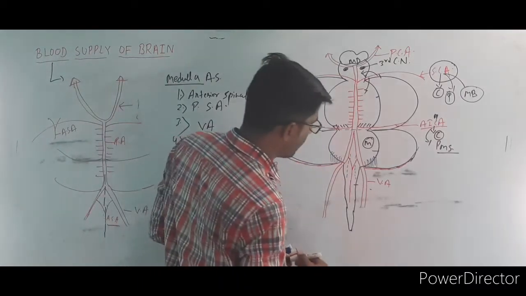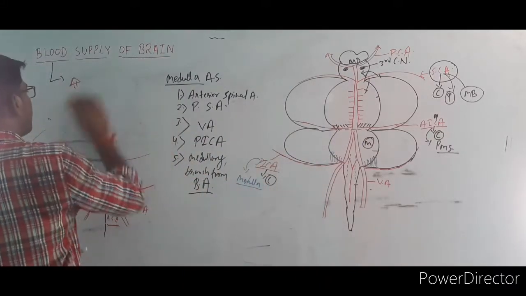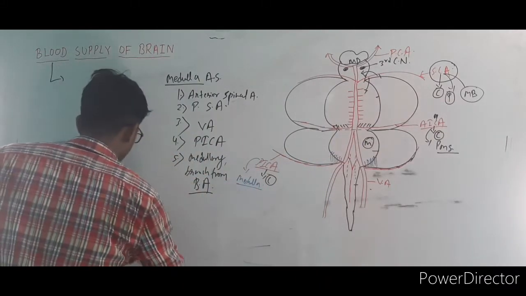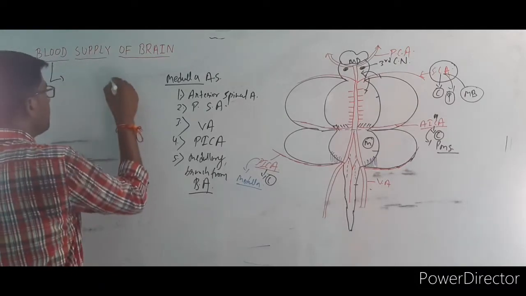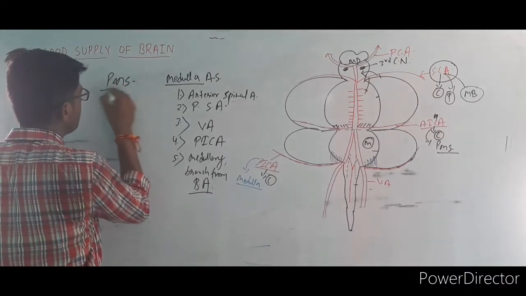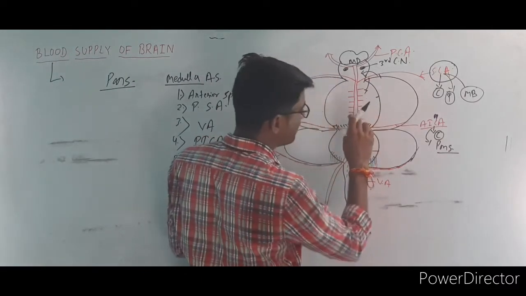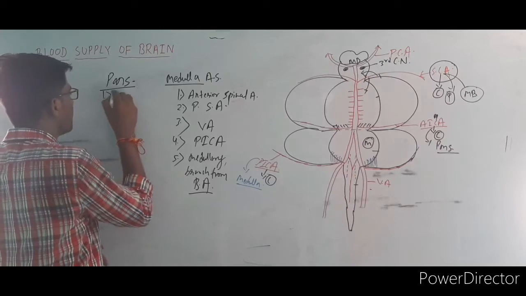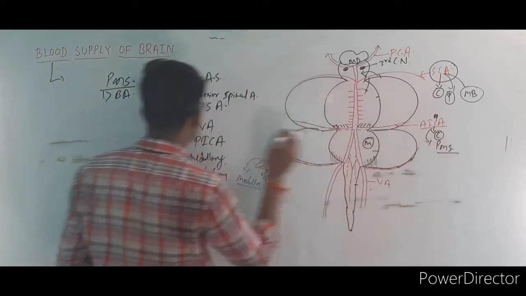Now, one time a question has been asked: what is the blood supply of the pons? Can you tell me the blood supply of the pons? Pons is here. So the basilar artery. Yes, the first thing is the basilar artery. Second thing is AICA. See here, pons.